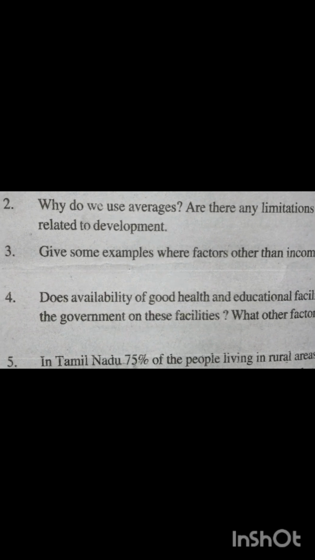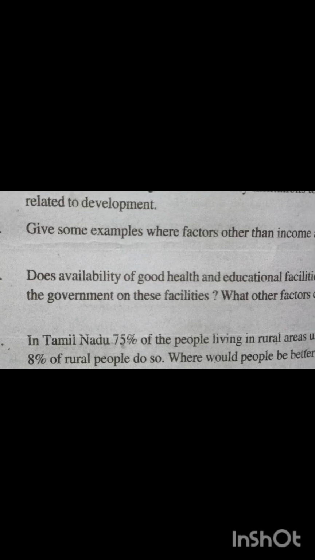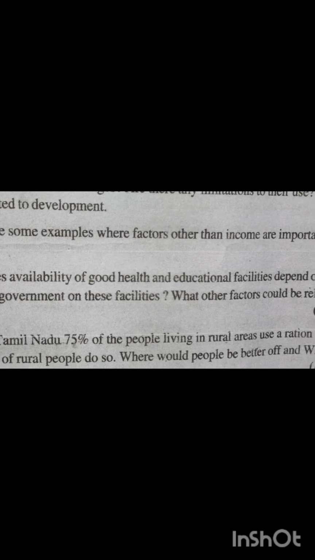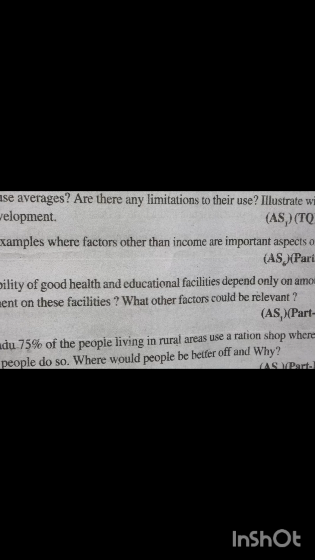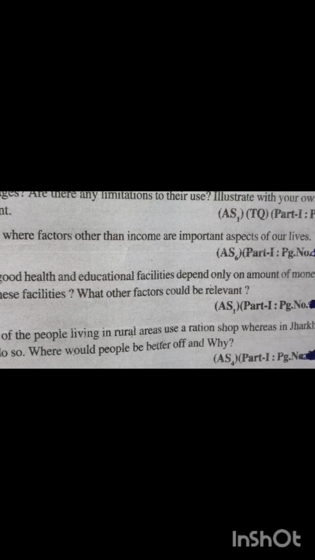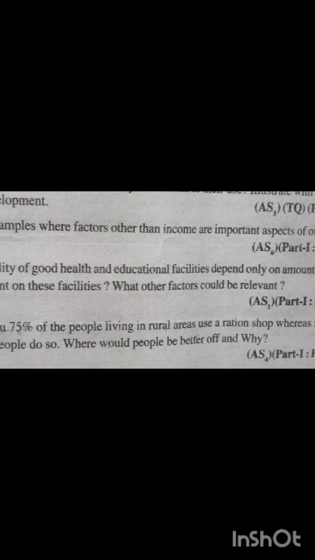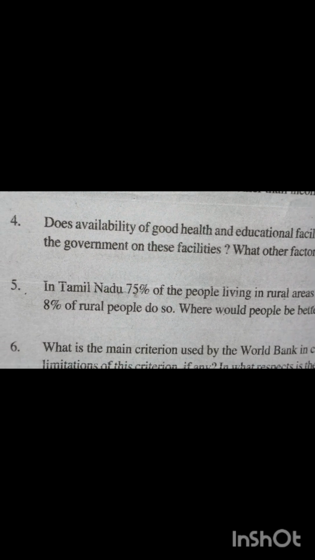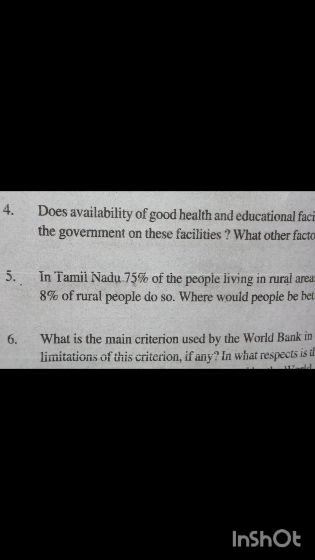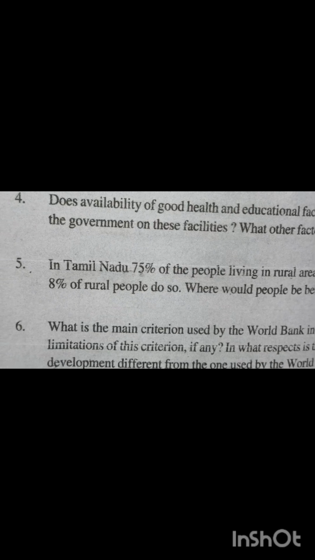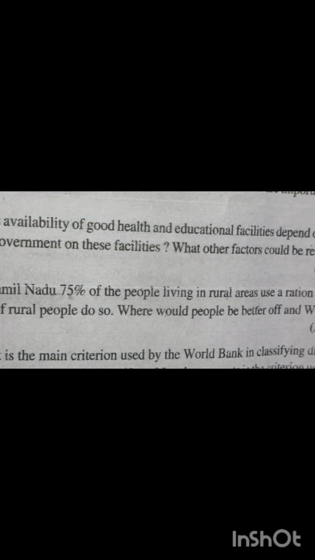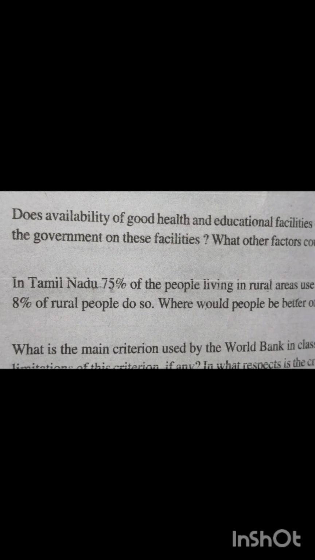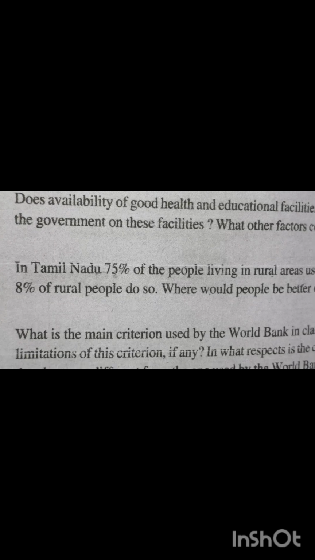Third one. Give some examples where factors other than income are important aspect of our lives. Fourth one. Does availability of good health and educational facilities depend only on amount of money spent by the government on these facilities?